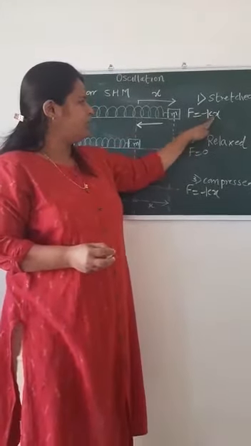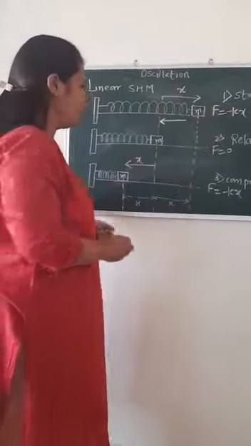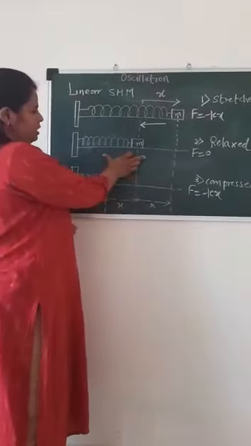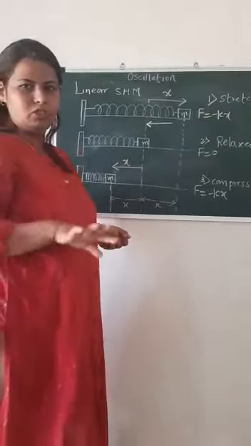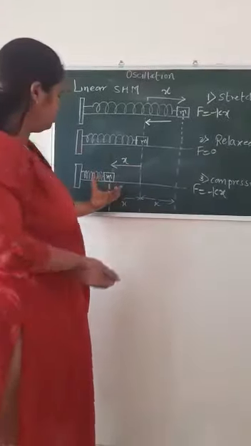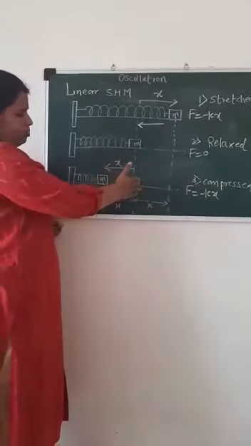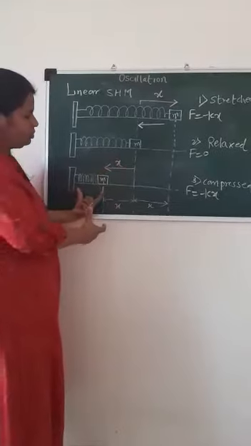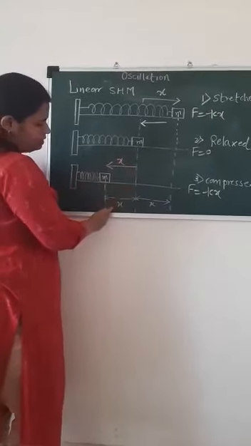Here x is the displacement of the block. In the second case, F is equal to 0. We are not applying any force, so the restoring force is also 0. In the third case, we are compressing the spring with the help of some force. Here also there is a displacement of the spring from the mean position, that is x.